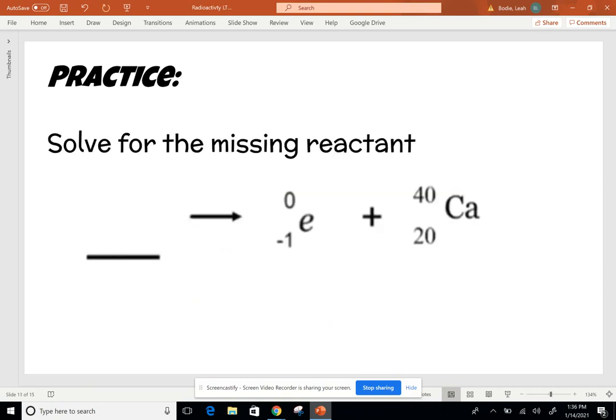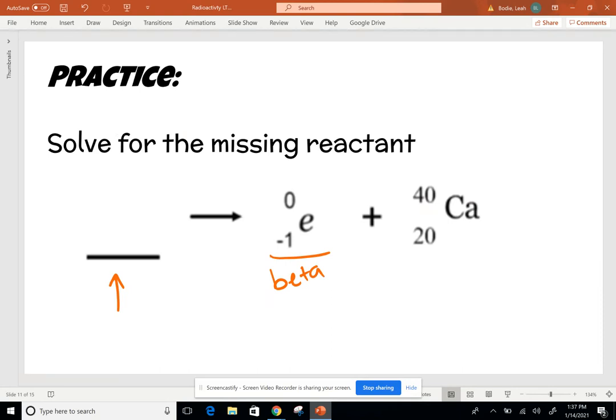All right, now let's do some practice on solving for the missing reactant. What we need to do here is figure out what should go here. What we do know is whatever goes in that spot, it's going to undergo beta decay.